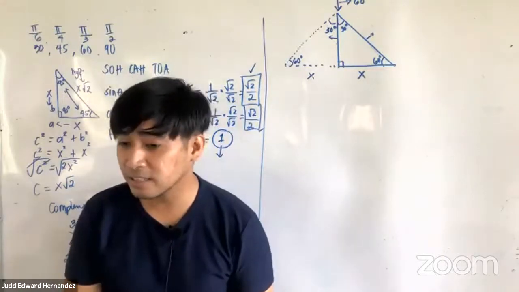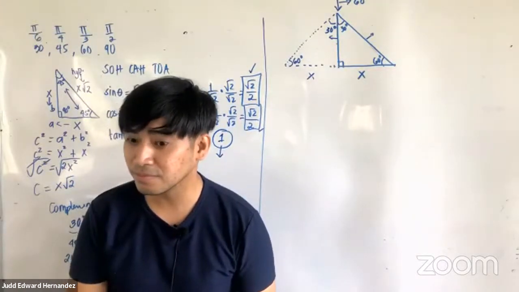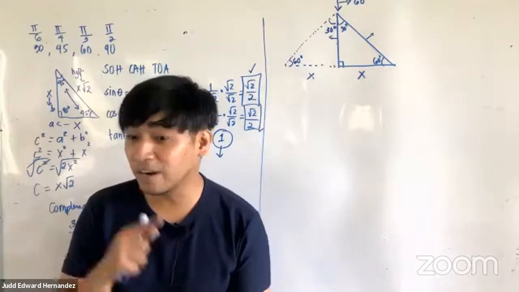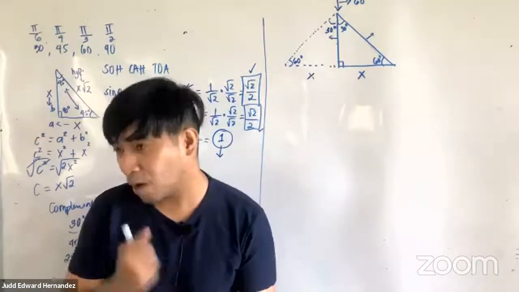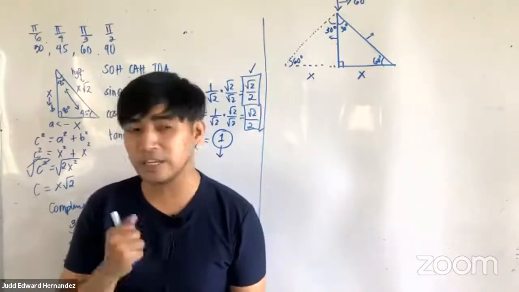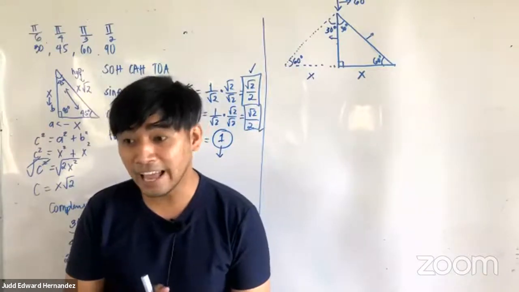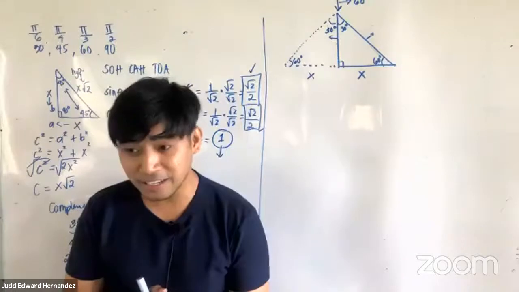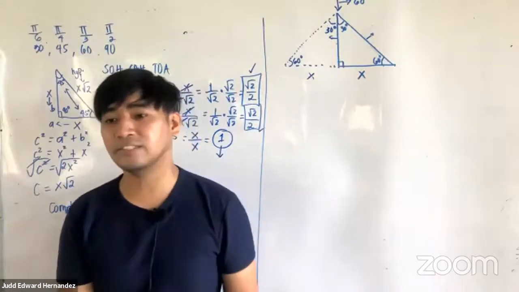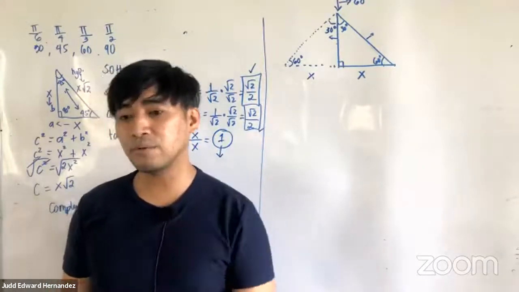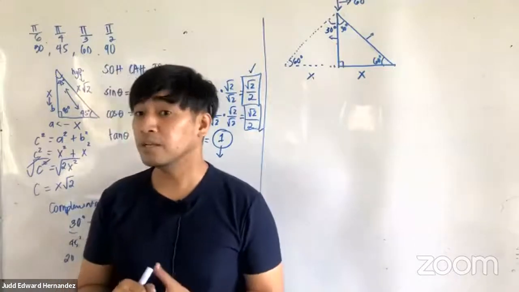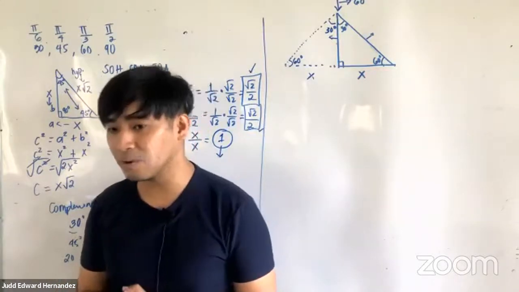What do we call to that triangle? Equilateral. Yes po ba? Equilateral triangle. When we say equilateral triangle, they have equal sides and equal angles.